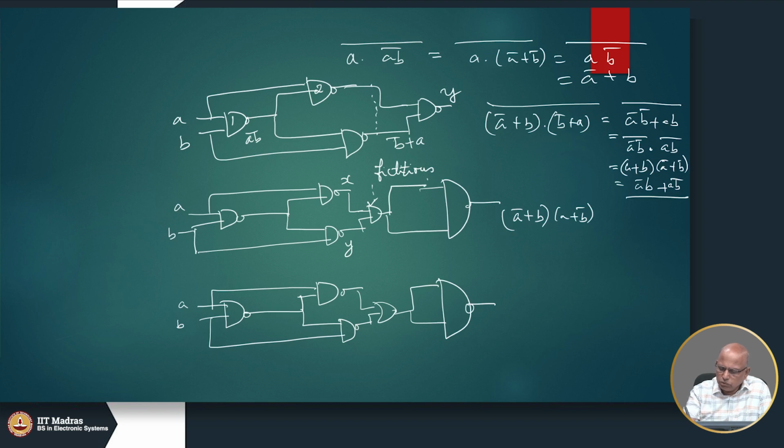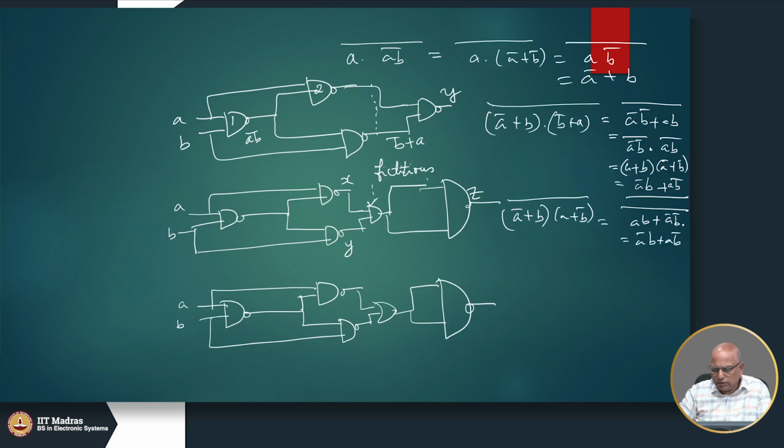See, when the same input goes to both the inputs of the NAND gate, this will be the output. So let us call this Z. If you simplify, this will be AB plus A bar B bar, and you will notice that it is very similar.